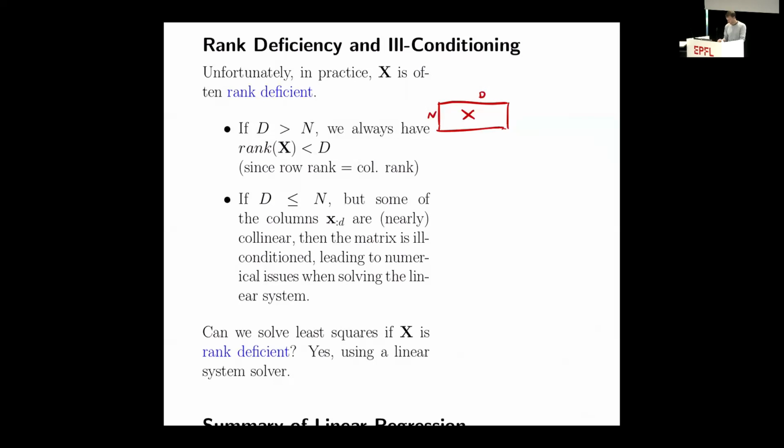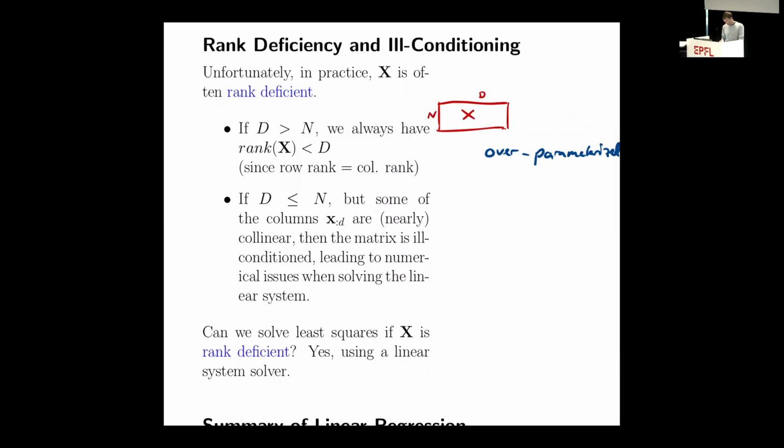It's not that this is very rarely happening. What we say here is that the model is over parameterized, because we have D parameters in our model, but we only have N data points. So it's over parameterized. There are more parameters than data points. It's not necessarily a problem, but this is a very interesting property and also very common in neural networks, that you have more parameters than data points.